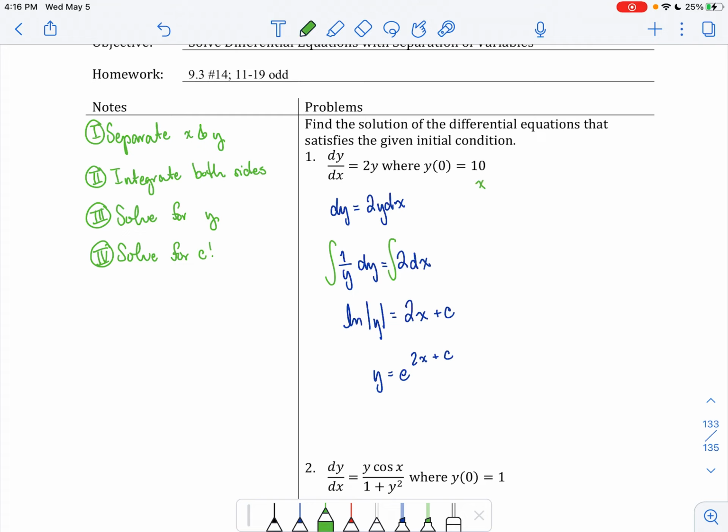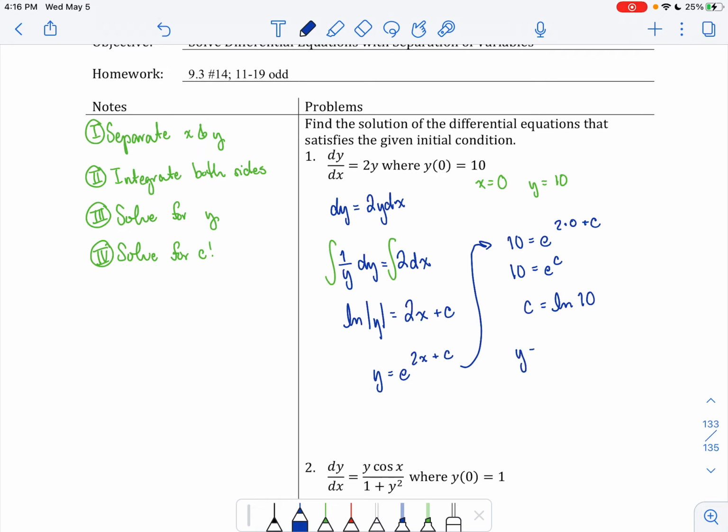We're given this initial condition, which says that x equals 0 when y is equal to 10. So we're going to take that and plug it into our function. So 10 is equal to e to the 2x, and x is equal to 0, plus c. So 10 is equal to e to the 0 plus c, which is just c. So c by itself is the natural log of 10.